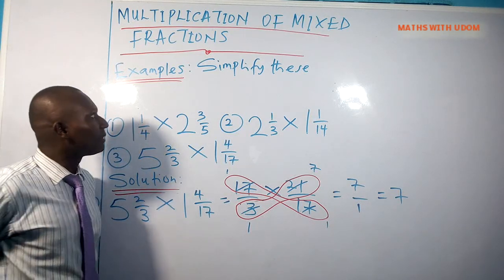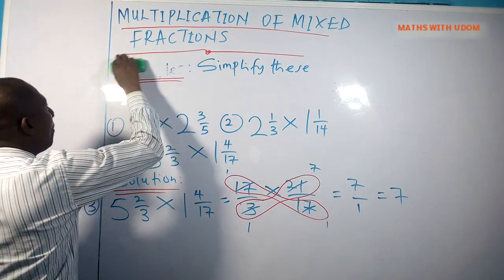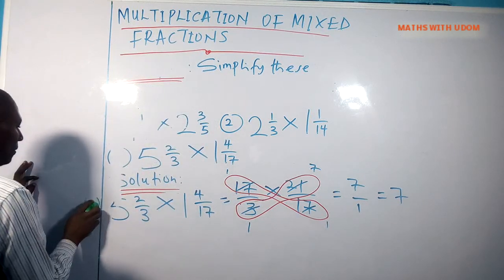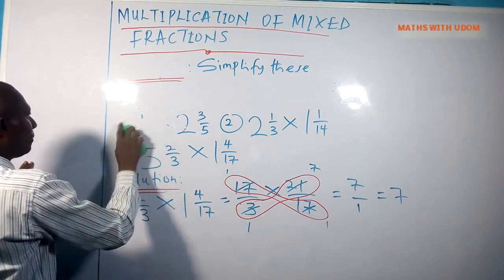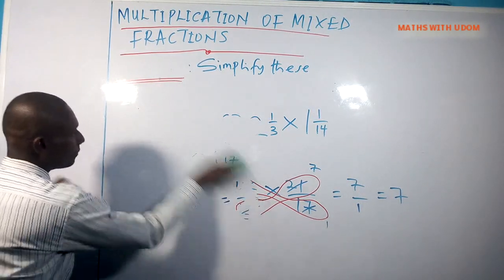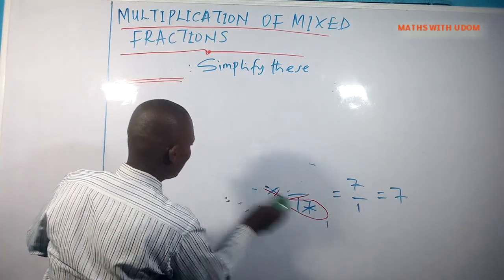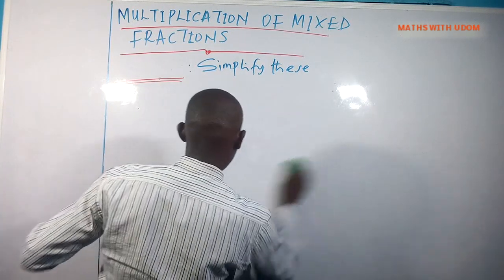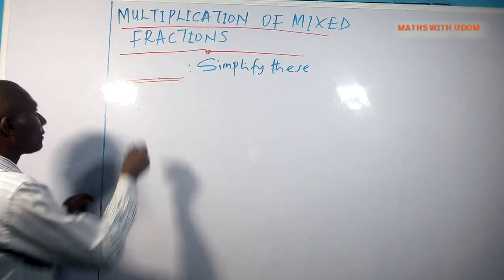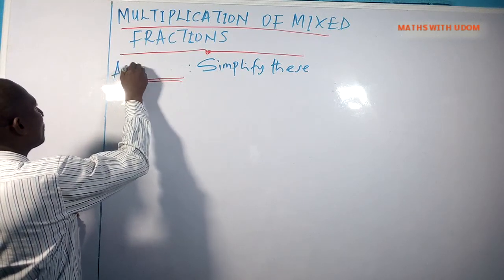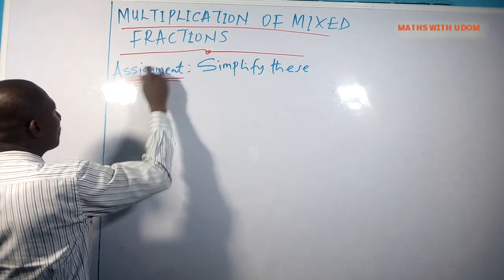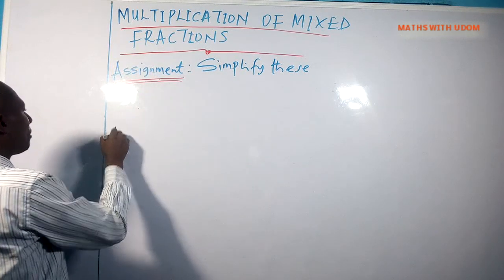So let's have our assignment, okay? For today, assignment. So our assignment for today, simplify the following. Number 1.